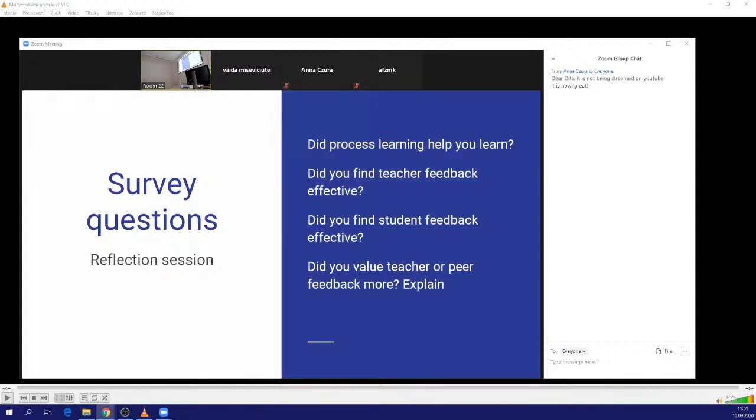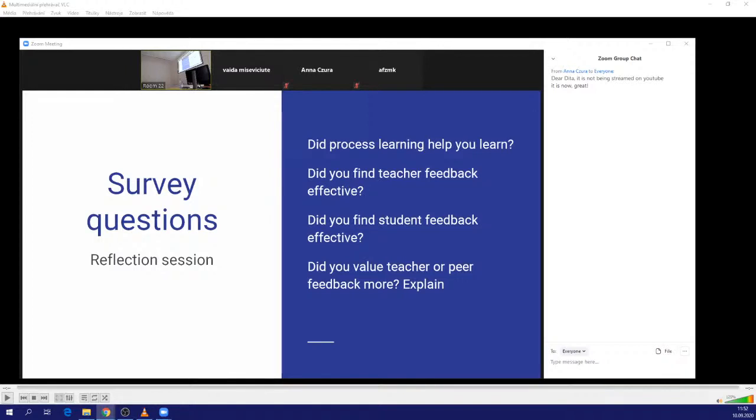My instinct was that they would value teacher feedback, but I wanted them to understand that I have 90 students, and when I review presentations, I can only look at major problems. When students look at one another's paper or presentation, they can notice small changes, small differences, things that maybe I would skip otherwise.